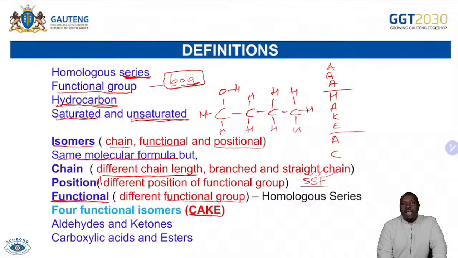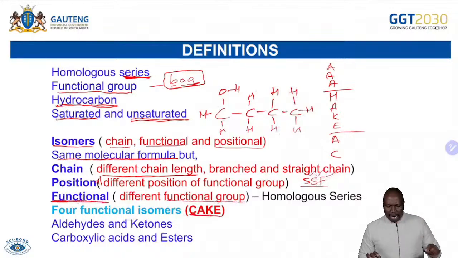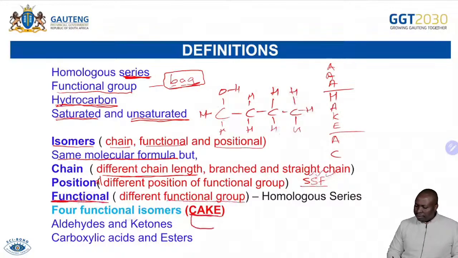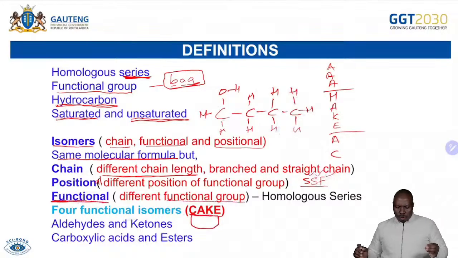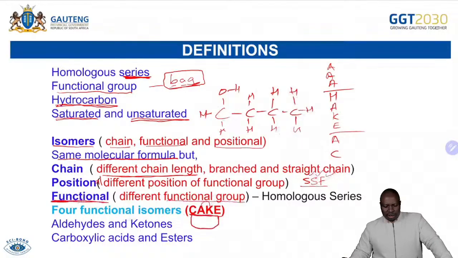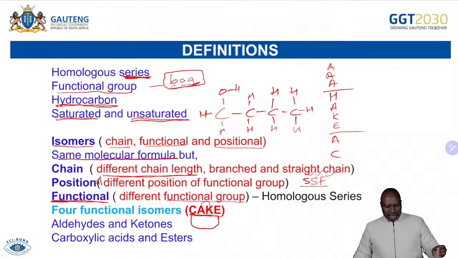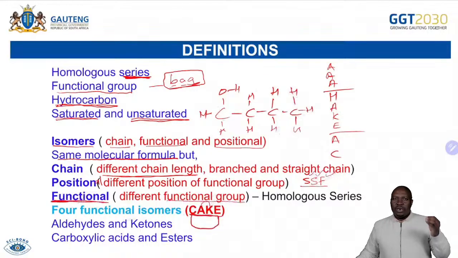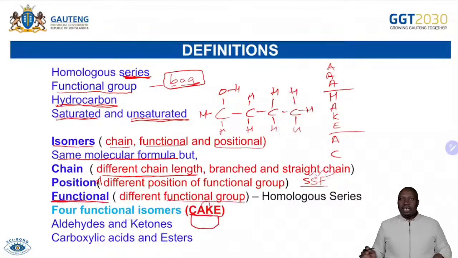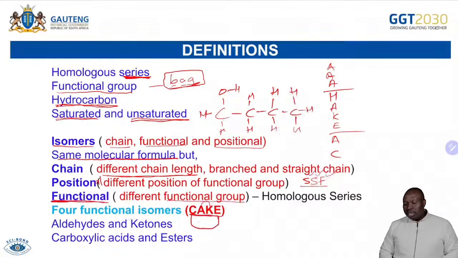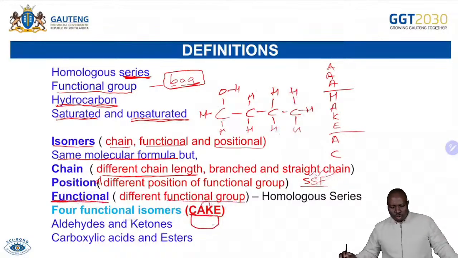That is your CAKE: a carboxylic acid and esters are good examples of functional isomers, and aldehydes and ketones are functional isomers. So always know that in terms of functional isomers, we're talking about your carboxylic acids and esters, and then your aldehydes and ketones.